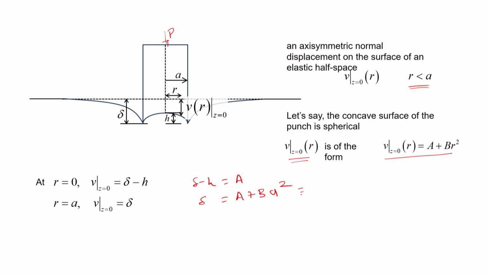So, this equals delta minus h plus b a squared. Delta gets cancelled, so b comes out to be h by a squared. Therefore, we can write V at z equal to 0 as delta minus h plus h by a squared into r squared.